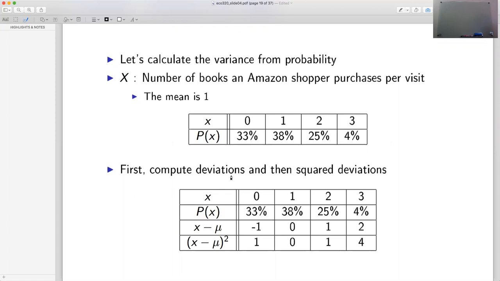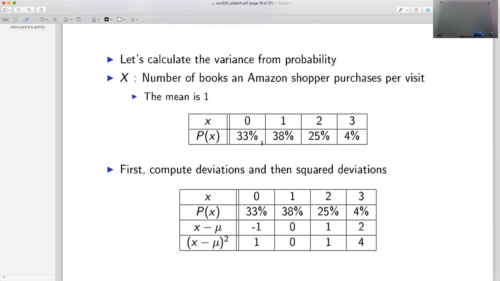So how you get the variance would be as follows. Same thing, x minus mu, and the average would be number 1. So how did you get the average? That is 0 times 0.33 plus 1 times 0.38 plus 2 times 0.25 plus 3 times 0.04.